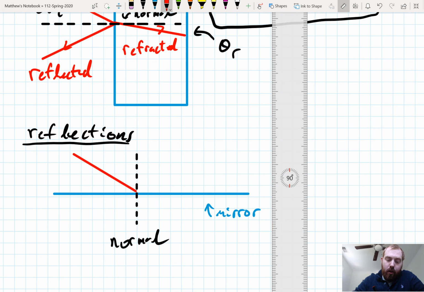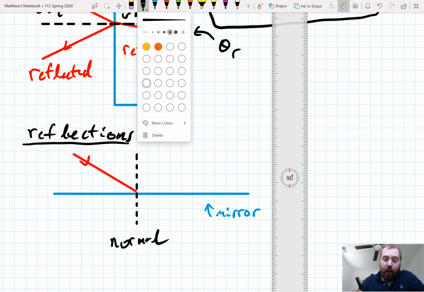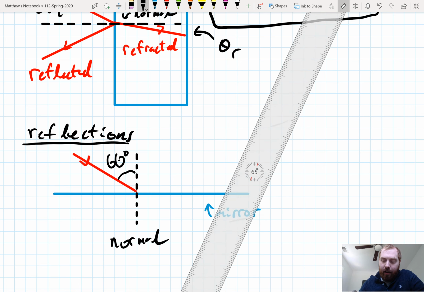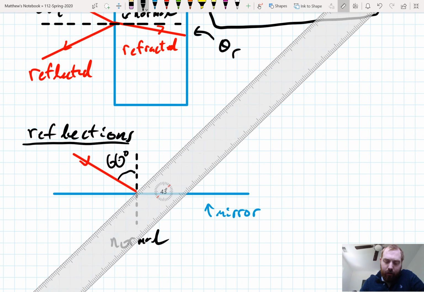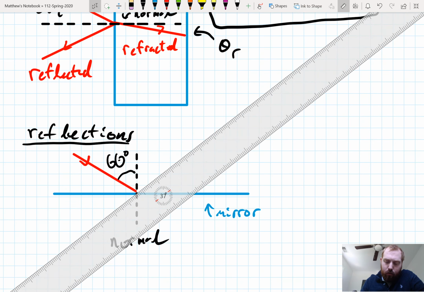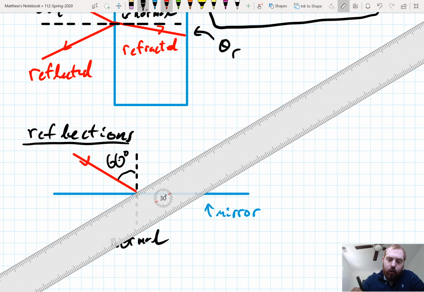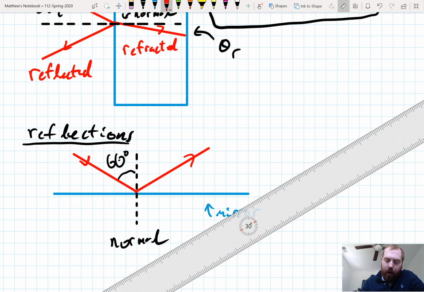So this incoming ray, measured with respect to this normal, sees a 60-degree angle from the one I've drawn. Then the reflected ray, you already know this, you can visualize it. You know that's going to bounce off at that same angle. So it has to reflect the same way.